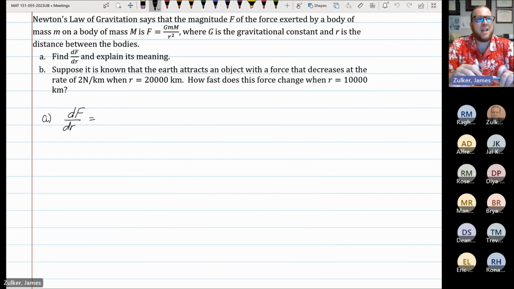Technically speaking, mass is not constant. Believe it or not, mass is actually a function of speed. So the faster an object is traveling, the larger its mass.